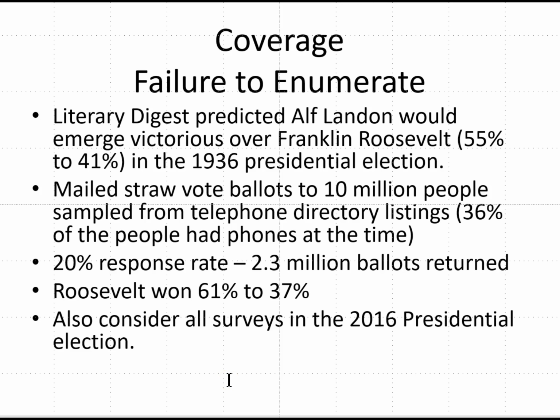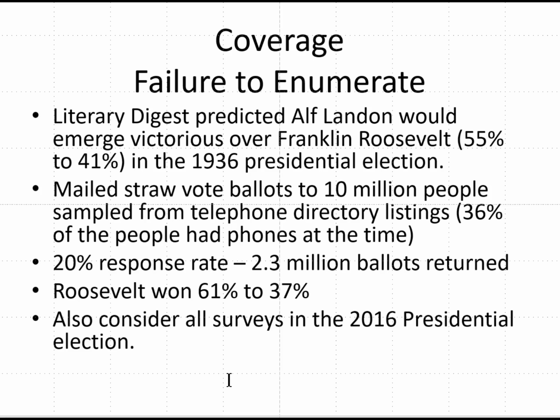This turns out to have given them a really accurate estimate of the wrong number. Roosevelt won 61 to 37%. So the problem is that the coverage was just incorrect. 36% of the people having phones, 20% of those responding. It was no way representative of the voting population.